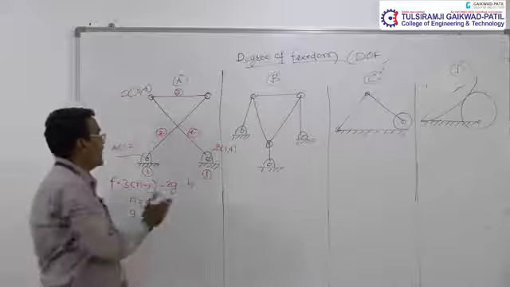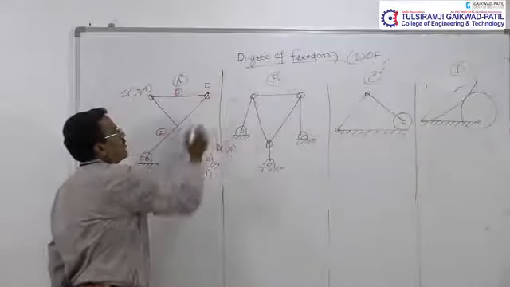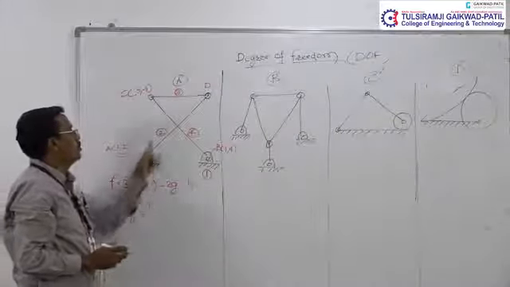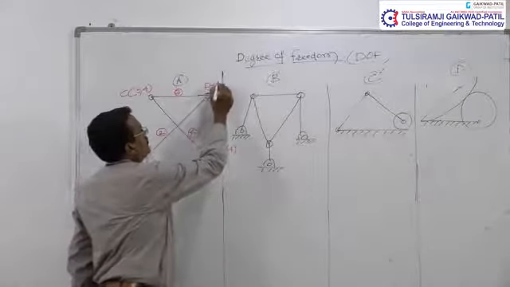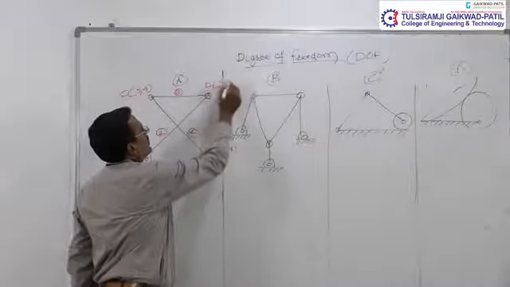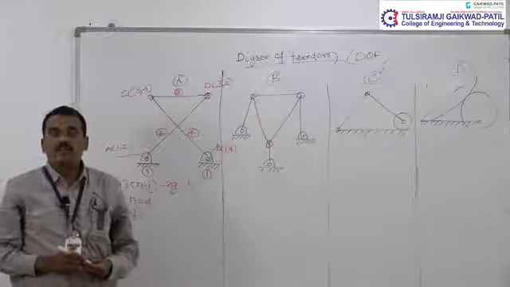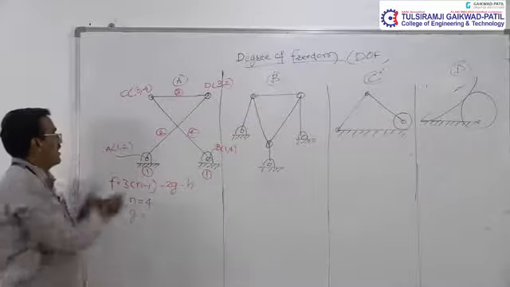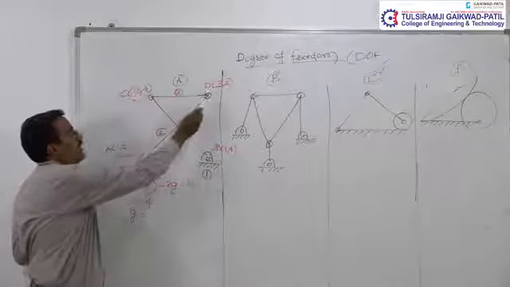Now there is another lower pair which is called D. This particular point is the intersection of link 2 and link 3. So the number of lower pairs comes out to be 1, 2, 3 and 4.